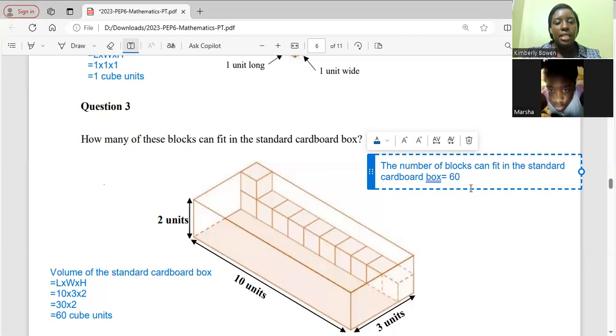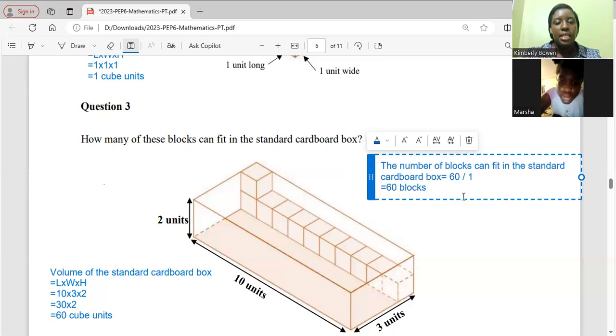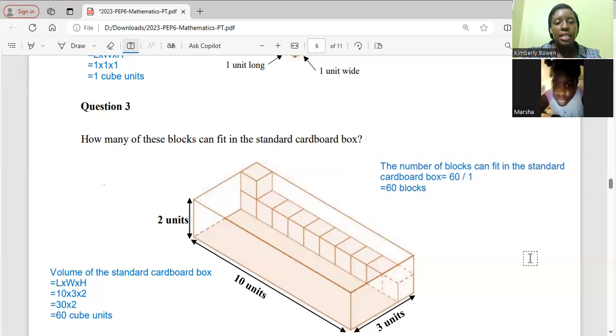So all we need to do is divide the volume of the cardboard box by the volume of the toy block. And we'll see how many toy blocks can fit in there, right? So 60 divided by 1 gives us the same 60. So we know that 60 blocks can fit in the cardboard box. Are you seeing that, Shanice? Yes, miss.